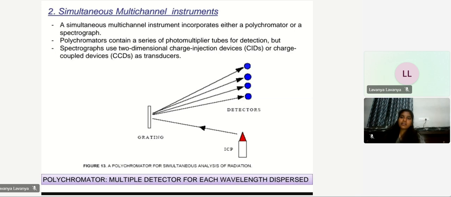The polychromator contains a series of photomultiplier tubes for detection, but spectrographs use two-dimensional charge injection devices or charge coupled devices as transducers.